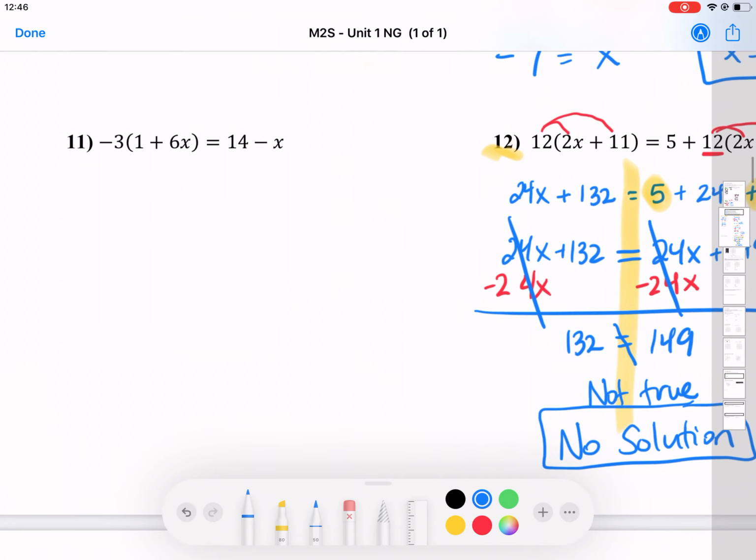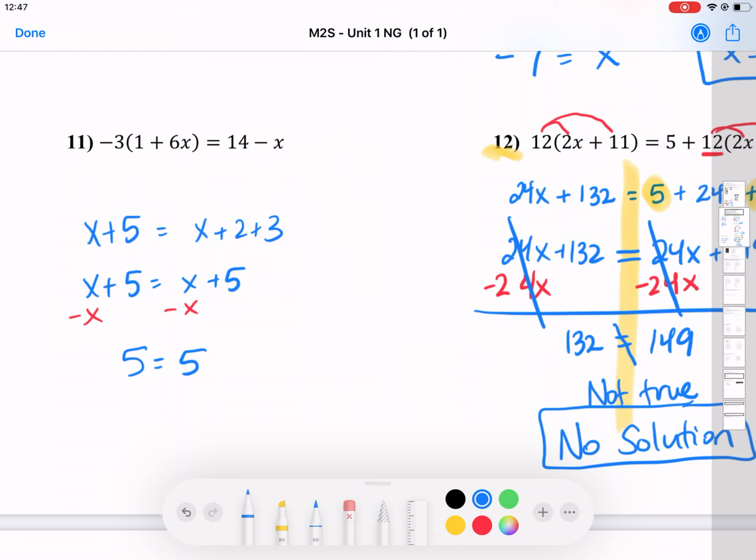Now let me give you an example where it would be true. Let's say, just on the side, I had x plus 5 equals x plus 2 plus 3. Well, if you combine 2 plus 3, you get 5, right? And then if I subtracted x from both sides, you'd get the equation 5 equals 5.